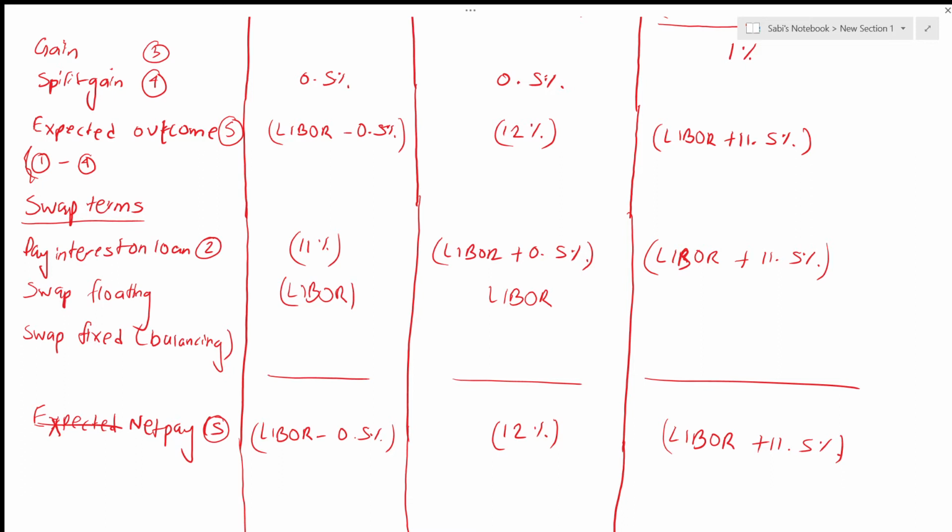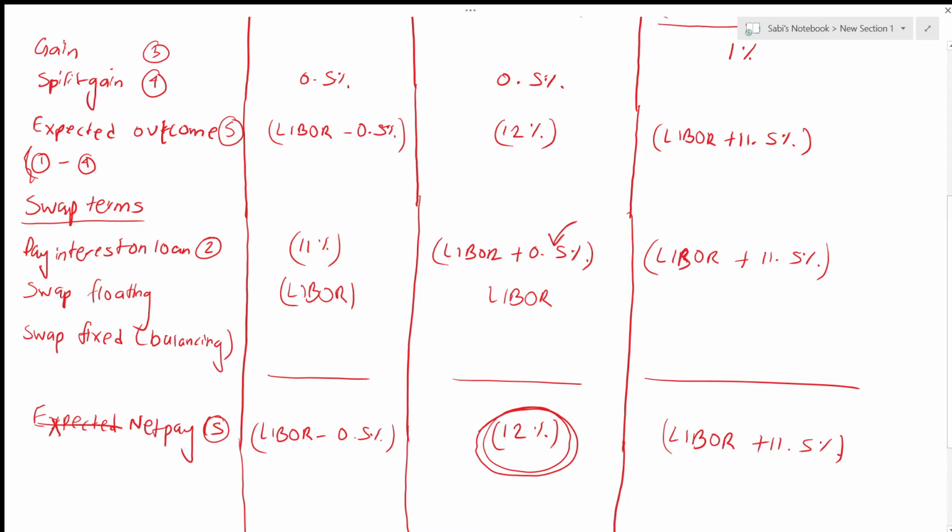Now let's go to fixed. When you go to calculation for fixed, start from the company which is paying the fixed rate. That means this one is paying fixed, you can see 12%. So start with the second company. You can balance it easily because LIBOR is cancelled. You only have the 0.5% out of 12.